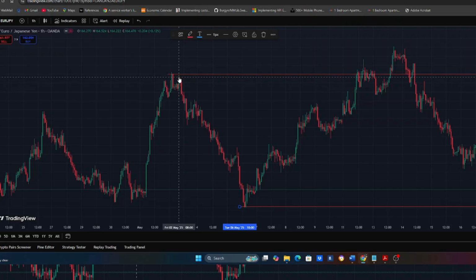Check. Now there's another check that we need to add, which is the candlestick pattern. I'm not going to go too deep into candlestick patterns, there's a lot of them. I'm going to make a video about them as well, but you need to study them. I'm going to give you a very easy one.